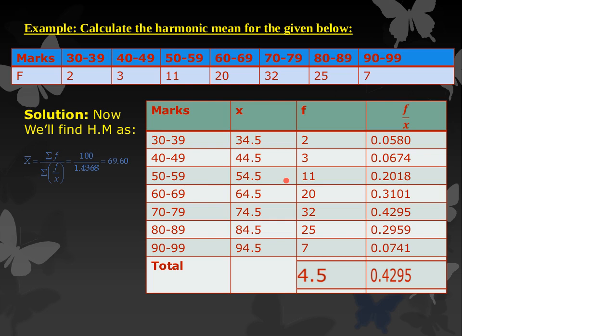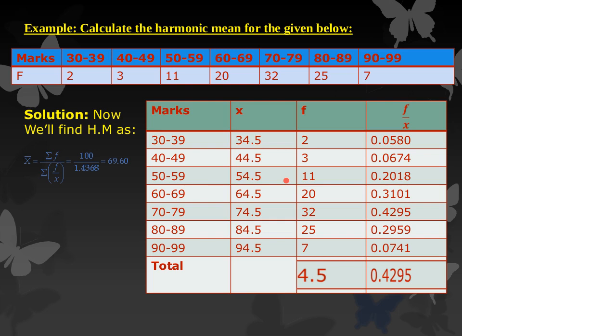So we are going to have the classes 29.5 to 39.5, 39.5 to 49.5, 49.5 to 59.5, 59.5 to 69.5, 69.5 to 79.5, 79.5 to 89.5, and 89.5 to 99.5. Then we have the frequencies of 2, 3, 11, 20, 30, 32, 25, and 7.